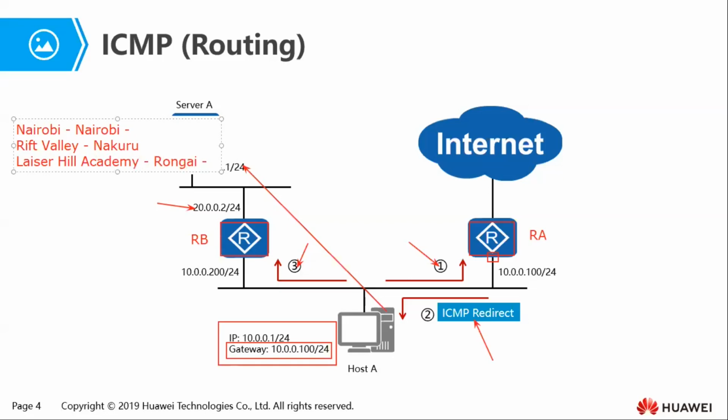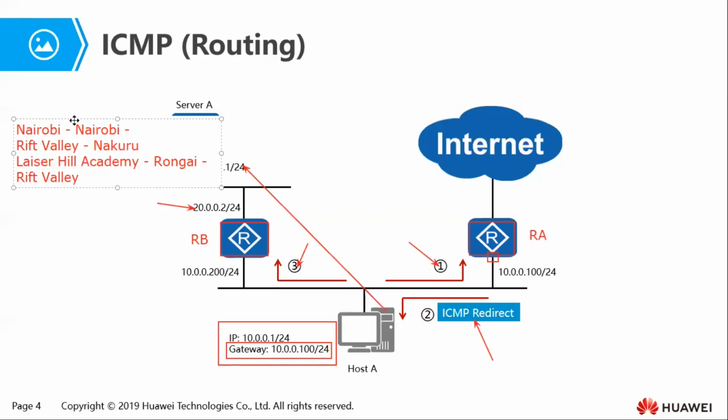Rongai is in Rift Valley. So what is happening here with ICMP redirect is, logically, I'm supposed to drop this letter in a post office in Nairobi. Then these guys will drop it to Nakuru. Then Nakuru will drop it to Laser Hill Academy.